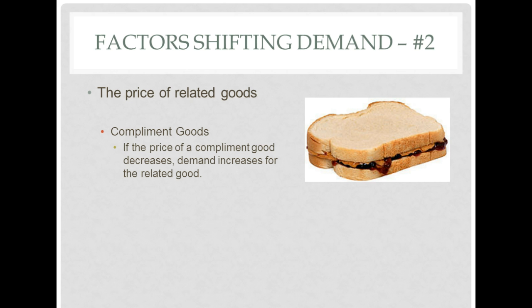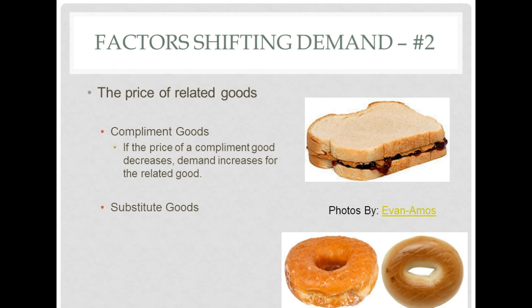Now, the opposite of a complement good is what's called a substitute good. And bagels and donuts seem to be a good example of substitute goods, or goods that replace each other. And here's our rule with that. If the price of a substitute good increases, demand increases for the related good. Okay, so think about that.